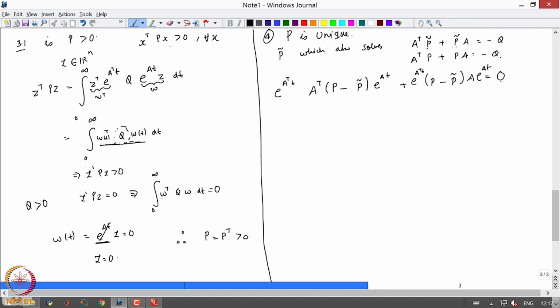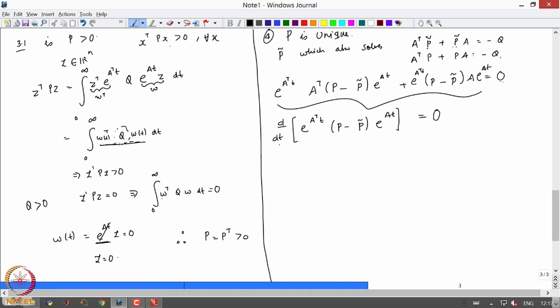So, the quantity inside turns out to be d over dt of e power A transpose t (P minus P tilde) e power A t, which is essentially what is above, and that is equal to 0.